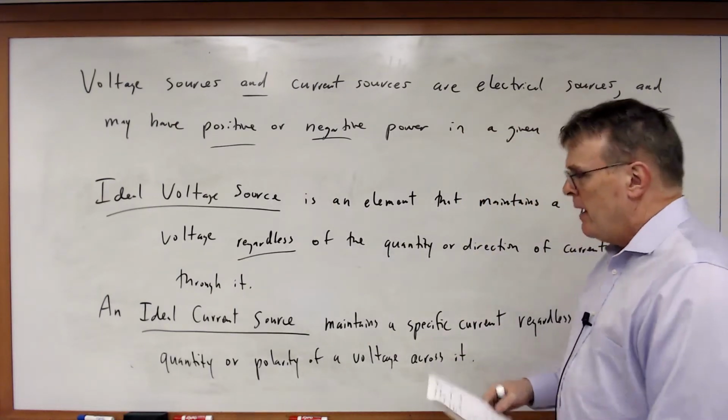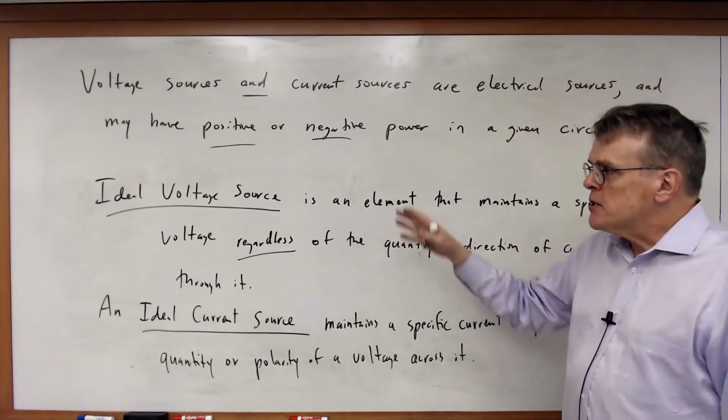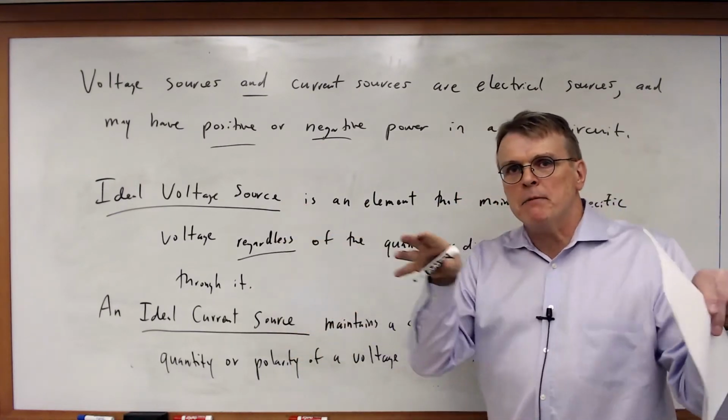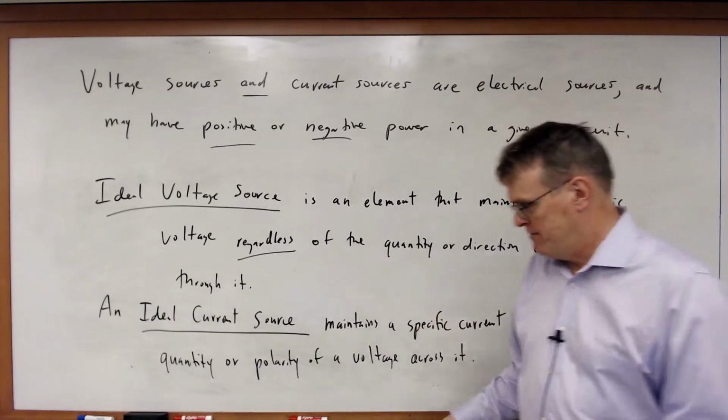Now, along with these definitions of ideal sources, voltage sources and current sources can be subdivided into two different types.